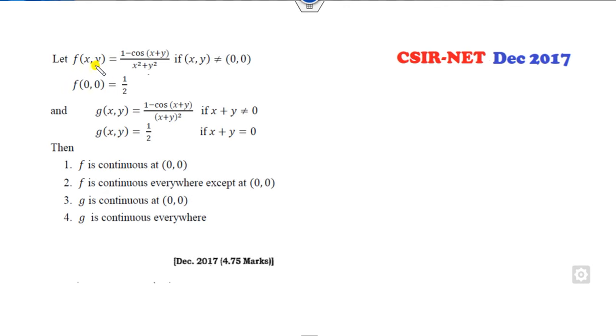Okay, consider the function f. f(0) is given, and this. f is continuous, f is not continuous. Okay, we can firstly find the limit as (x, y) approaches (0, 0) of f. Fine. So clearly, if you take (0, 0), it's a 0 by 0 form. So I can take the path as y is equal to mx.